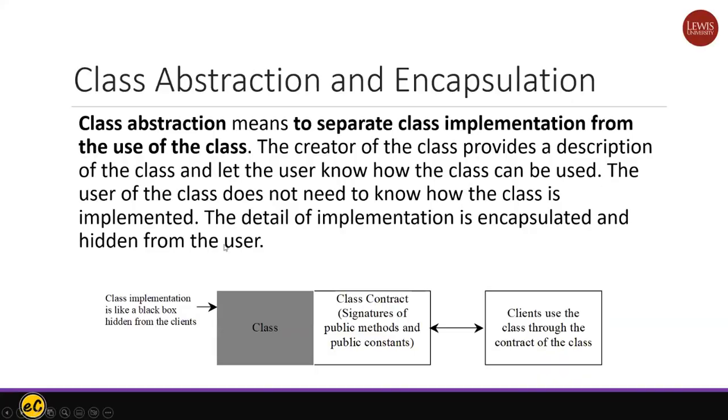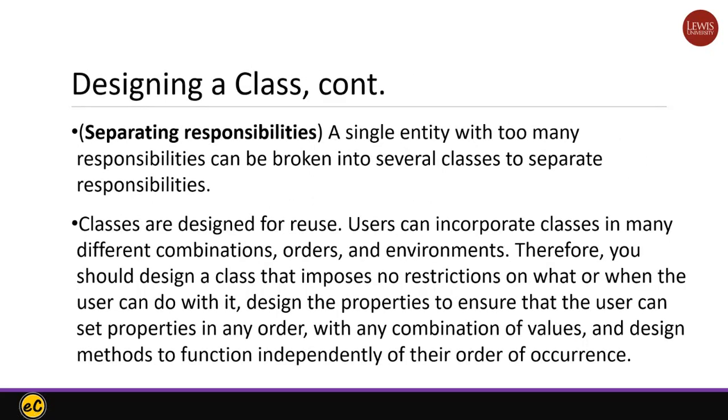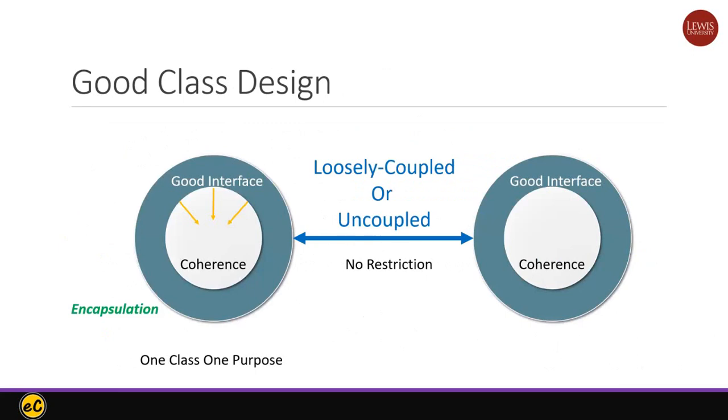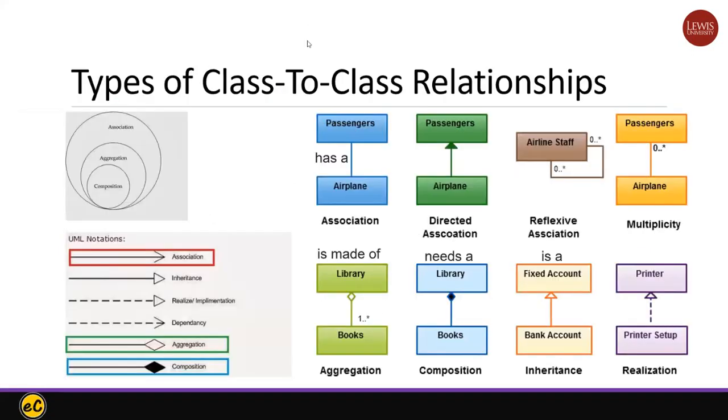Class-to-class relationship: you have two kinds, is-a and has-a relationship. So we go through faster. Has-a relationship, we call it association, and there are different types of association: one to many, many to one, and also the self-reference type.